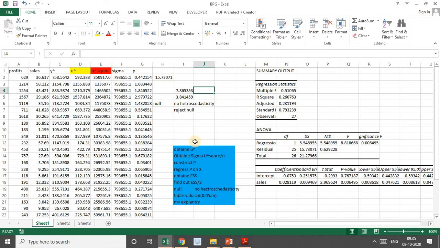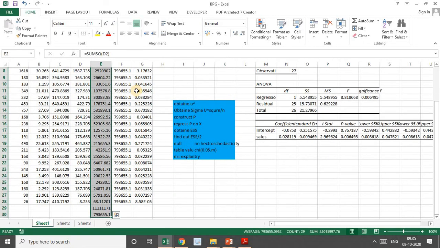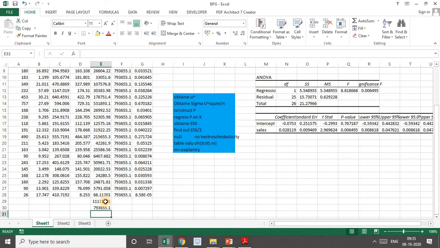The first step is to obtain u cap. From this model I have estimated u cap. Then take the sum of u cap square; it is about 11,000, a huge value.